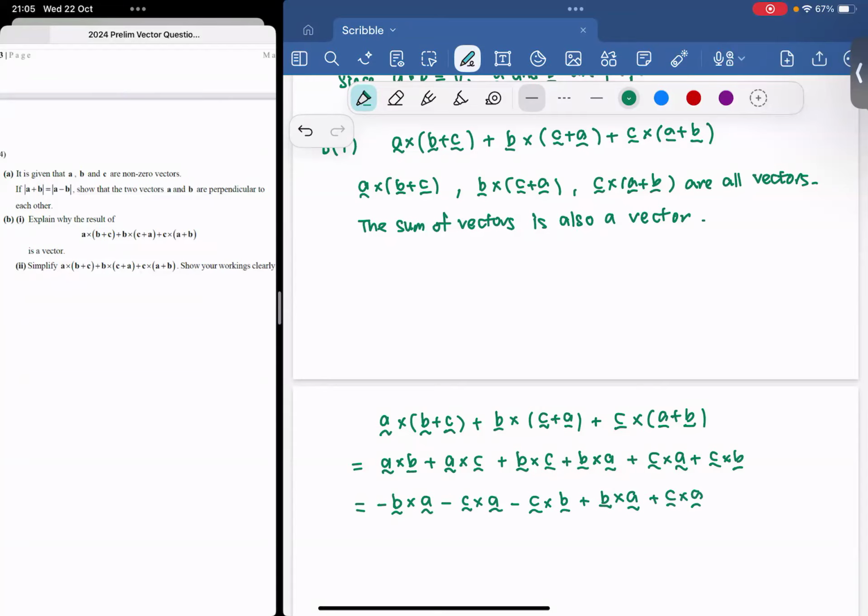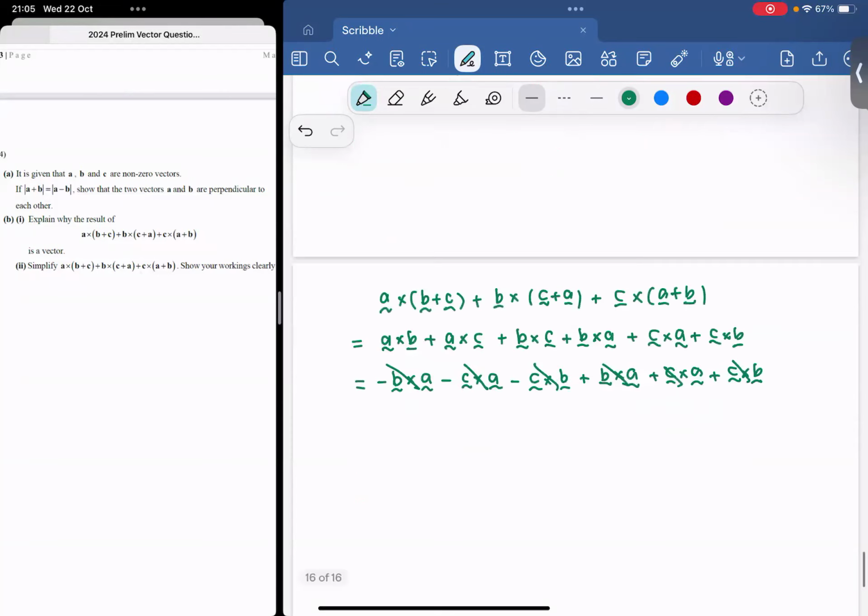Once you do this, you can see that B cross A can subtract away each other, C cross A can subtract each other. What is very important is your final answer. If you write 0 as your final answer, you will get penalized. So you should write 0 with the underline below, because the result of this thing is actually a vector, not a scalar.